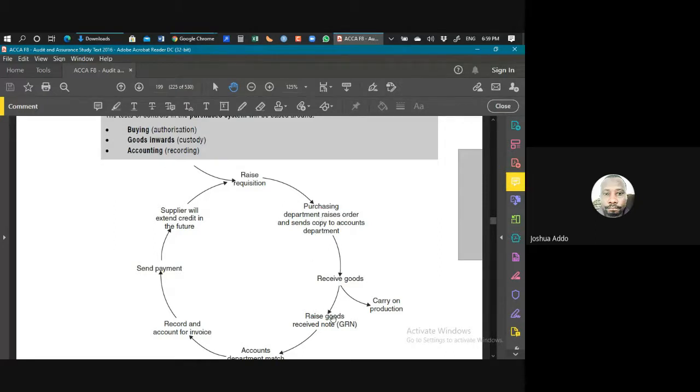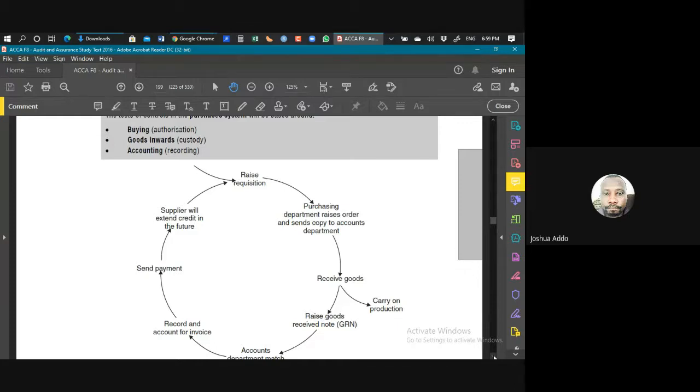So the goods dispatch notes, together already the accounts office will have a copy of the purchase order. So the receiving section will send the goods received notes to the accounts office.